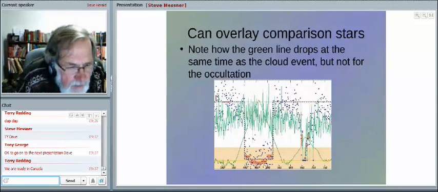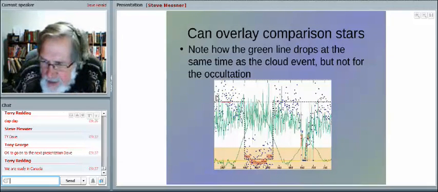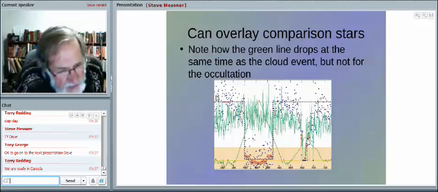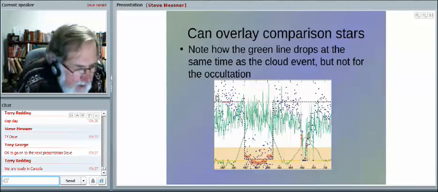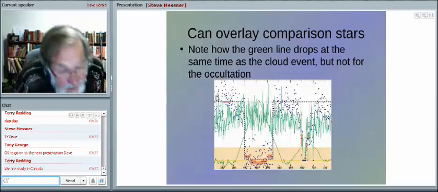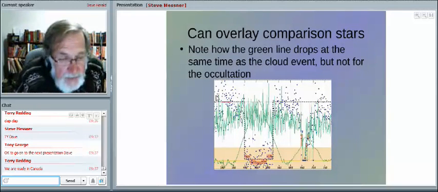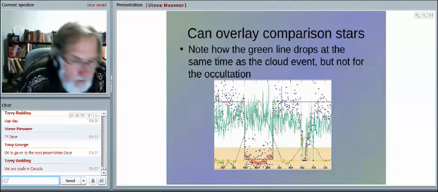It's plotted as a green line with the data points joined together. You can see that over the first event, which is the real event, the green line is staying up at around about the same height. But over the second event, which is the cloud event, you can see how the comparison star light drops down to almost zero level, the same as the occulted star, confirming that it was a cloud event rather than a real event.